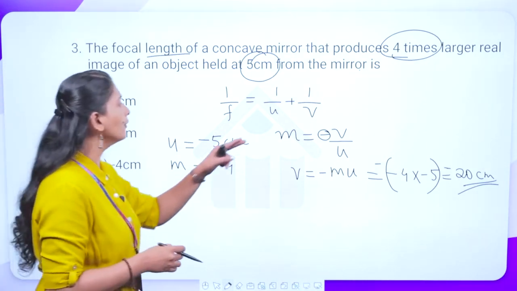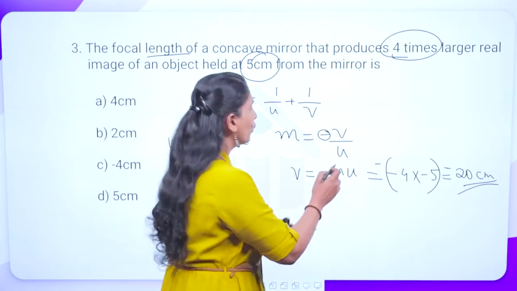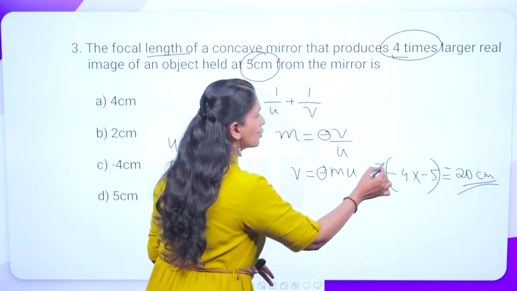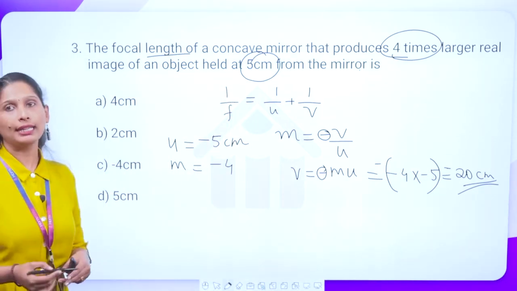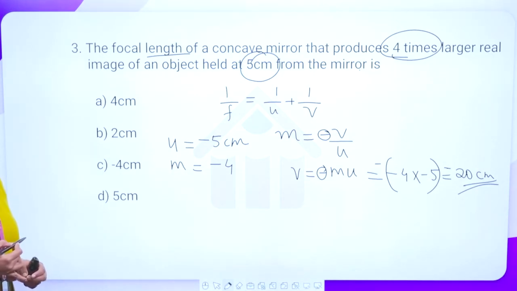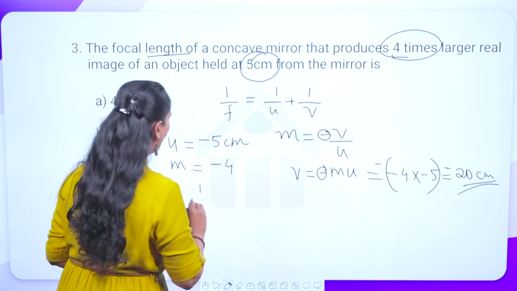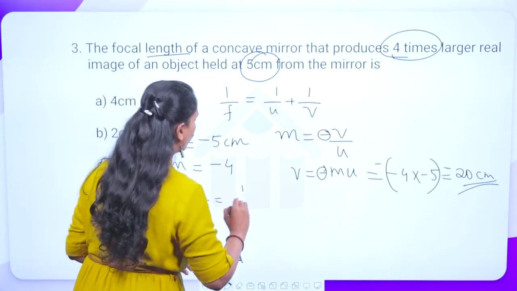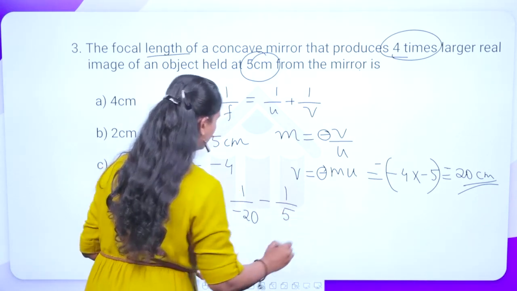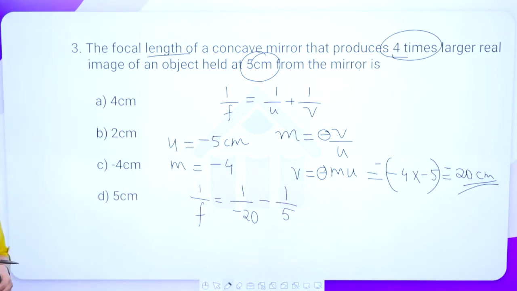Clear? You already have negative values for m and u. So you put minus 4 and minus 5, and there is a minus already there. Substituting that, you will get v to be minus 20 centimeter. Now you have to find the value of f. So that would be 1 by f is equal to 1 by minus 20 minus 1 by 5. I have substituted the signs too, see to it. Whenever you have a numerical, you are supposed to give it the proper sign conventions too.